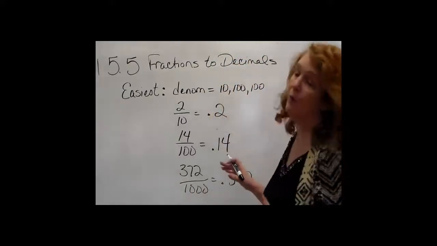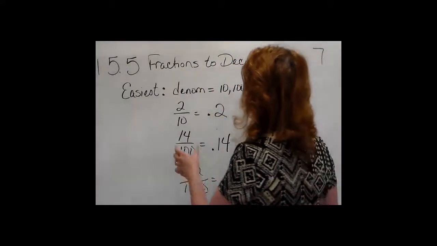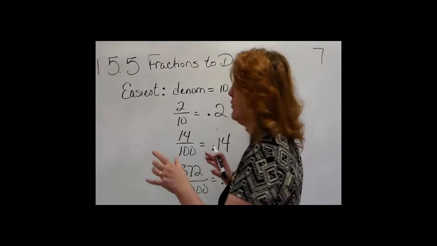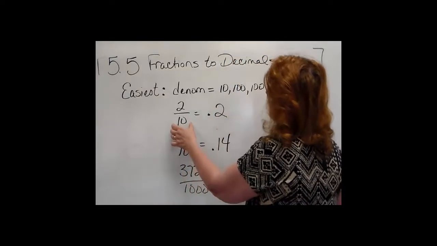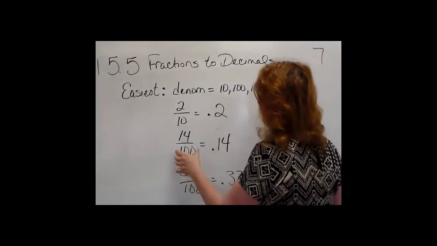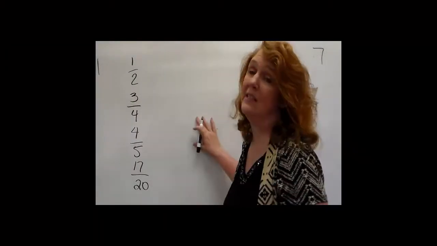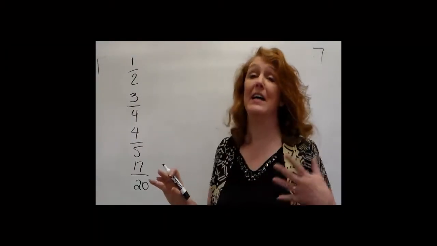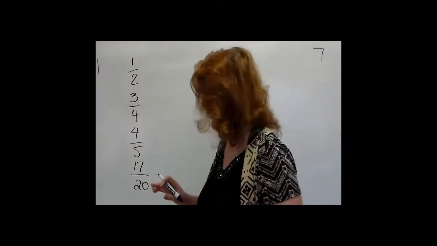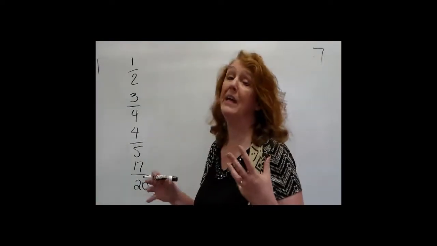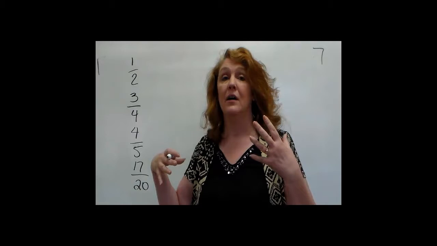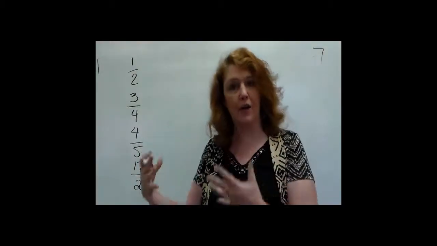And ideally, in order to do this the easy way, we want to get our denominators to 10 or 100 or 1,000. If we've got denominators that easily divide into 10, 100, and 1,000, then we can make them easy by making equivalent fractions.